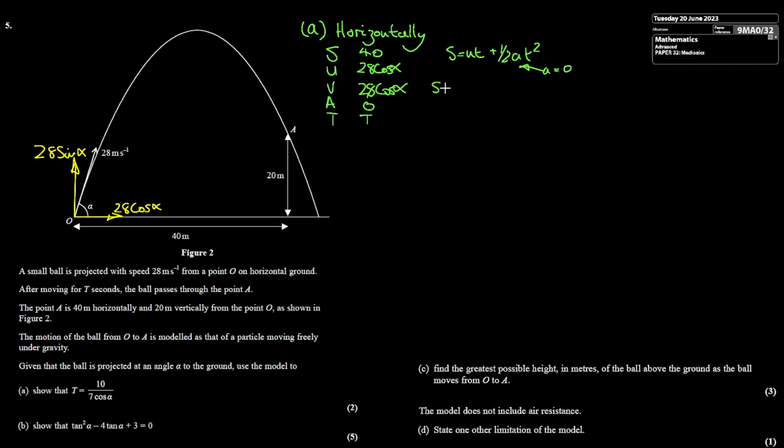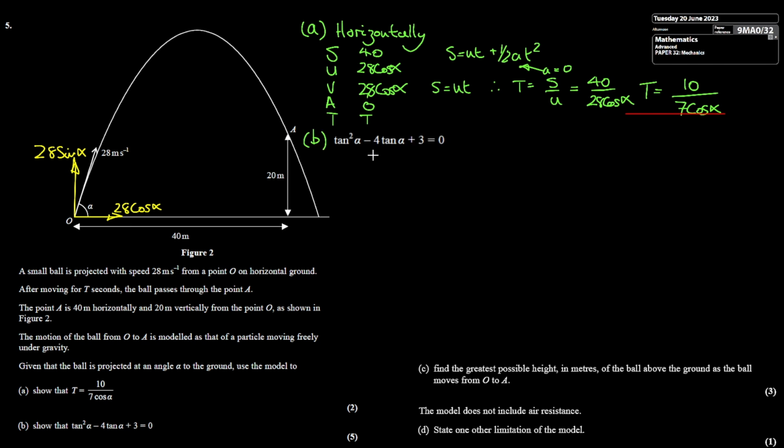So we just get s equals ut. So therefore t equals s over u, which in our case is 40 divided by the speed, which is 28 cos alpha. And if we take the factor of 4 out, we get that t is equal to 10 divided by 7 cos alpha, which is what we were asked to prove.